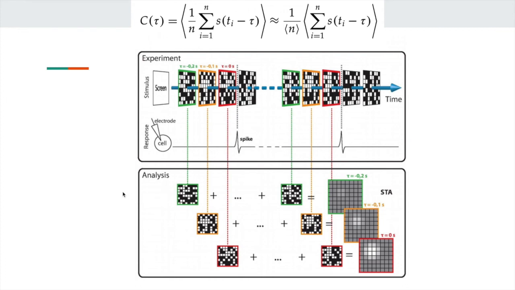And our goal is to figure out what sequence of patterns on this grid actually leads to a spike, right? What sequence of patterns causes this specific neuron to fire?